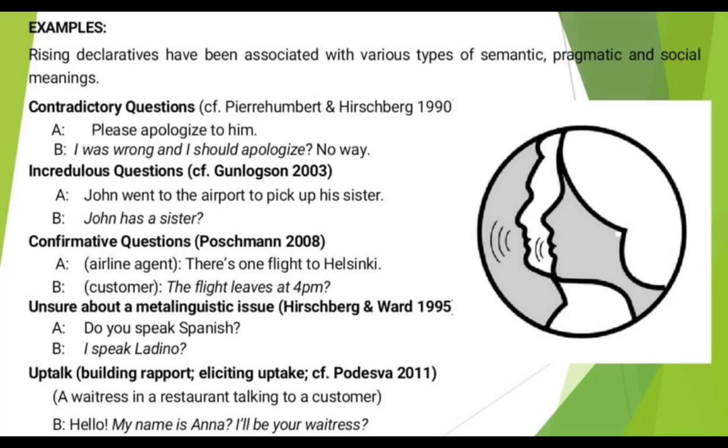This showcases uses in which they function primarily as a rapport-building device, generating particularly perlocutionary and sometimes stigmatized social effects. This came from Podesva 2011, and these uses are commonly referred to as uptalk.